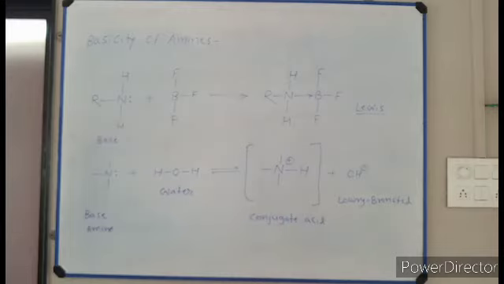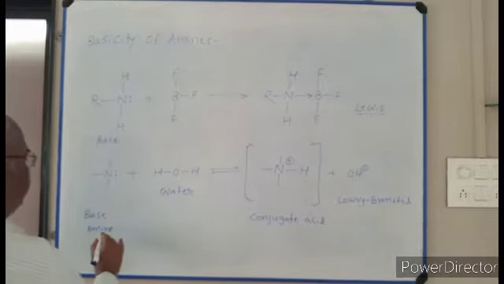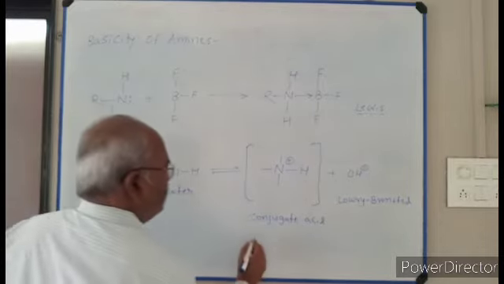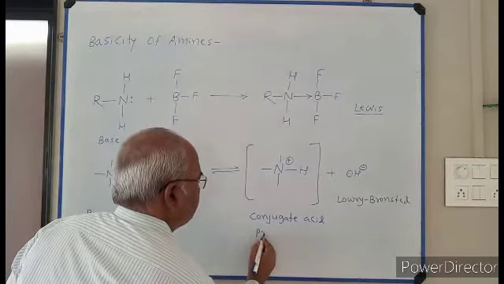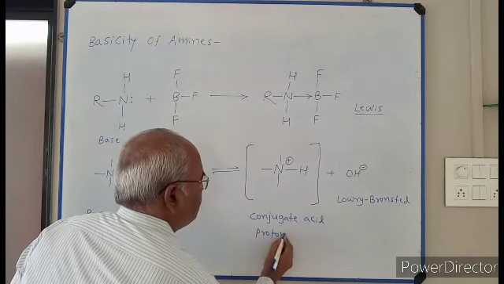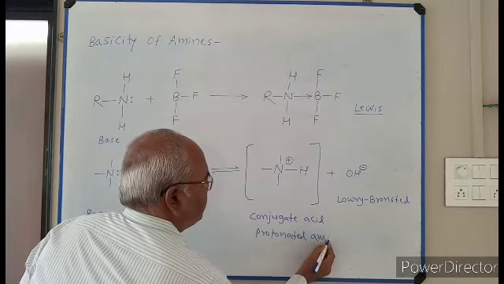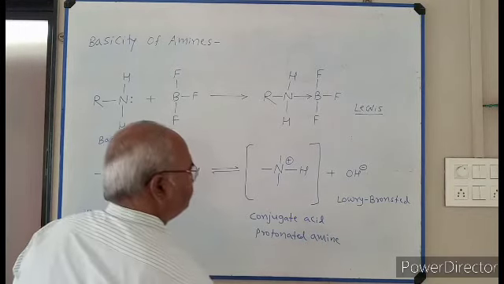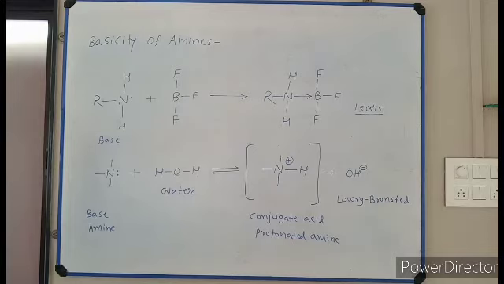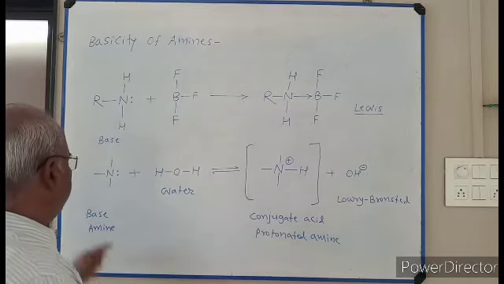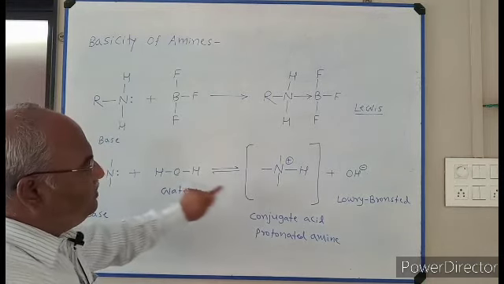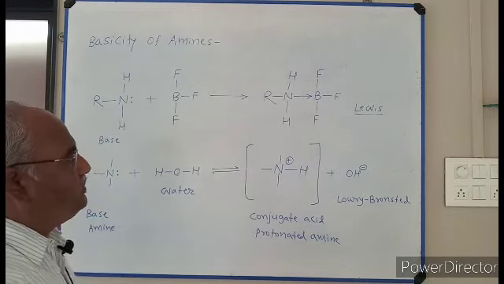So, like this, the product is produced. This is the amine, and this is the protonated amine. This is the base and this is the conjugate acid.